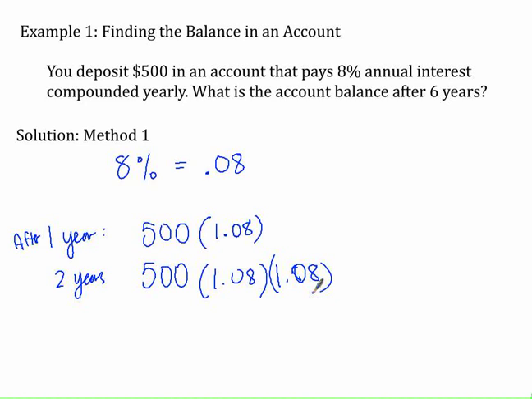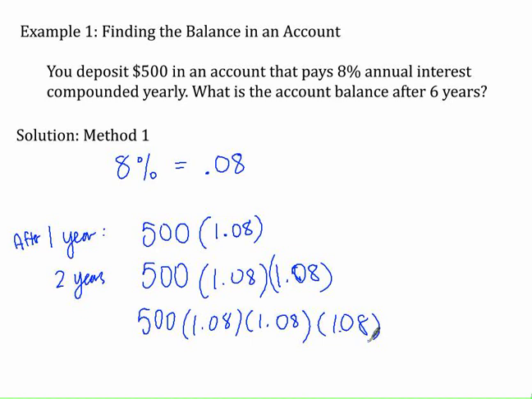The following year would be the same thing again, times 1.08, and times, you guessed it, 1.08. You'll notice that this starts to form a pattern. After 6 years, it would be 500 times 1.08 multiplied by itself 6 times, which is the same as 500 times 1.08 raised to the power of 6.